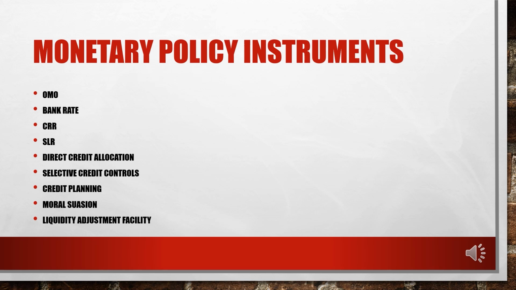The other instrument we also have is the credit authorization scheme, right? Under this scheme, credit proposals for rupees 5 crores and above in case of working capital, or 2 crore and above in case of term loans, have to be submitted to RBI for post-sanction scrutiny, because every company needs working capital finance, right?